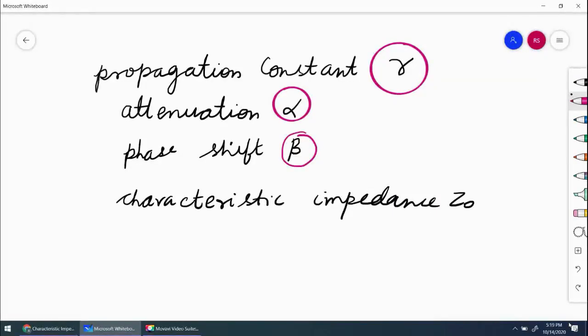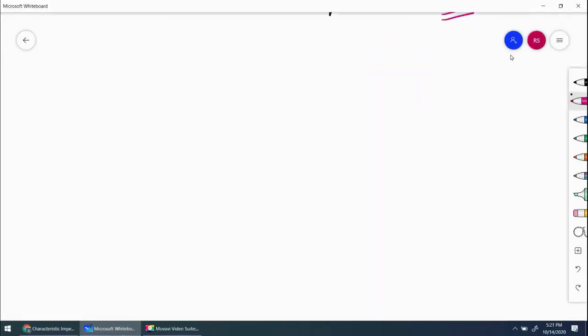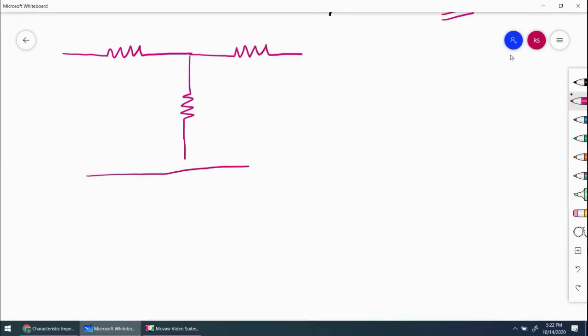So now consider a symmetrical T network. This is the figure. This is port 1, which is given by 1 dash.